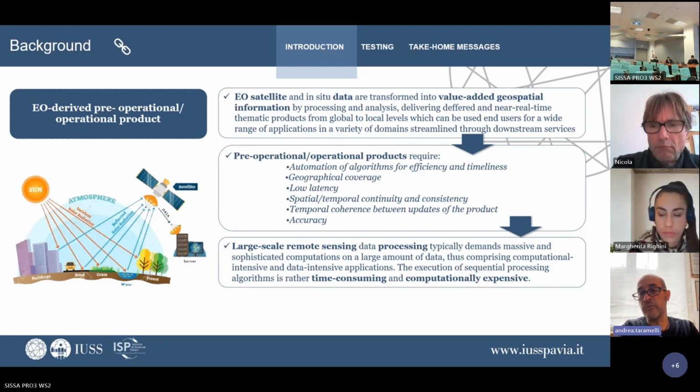If we have to monitor extreme events, we already face a huge problem: we do not have direct access. We have to wait to have access to the rolling archive. And the execution of sequential processing algorithms is rather time consuming and computationally expensive.